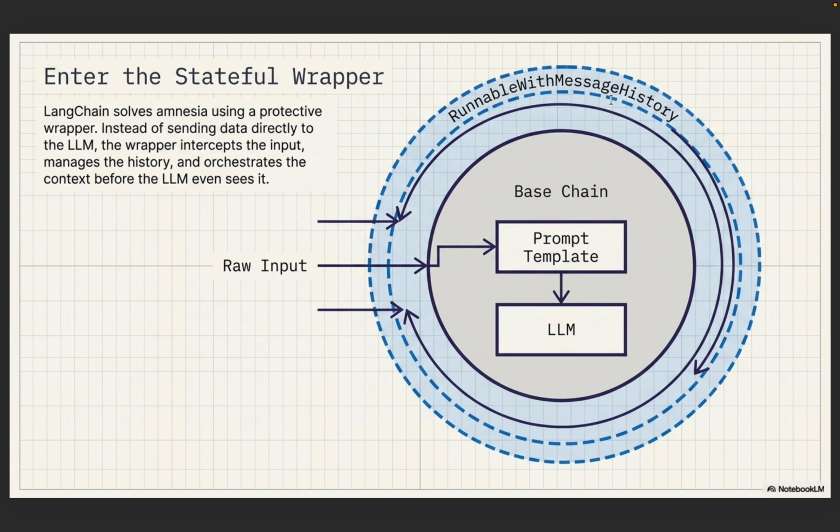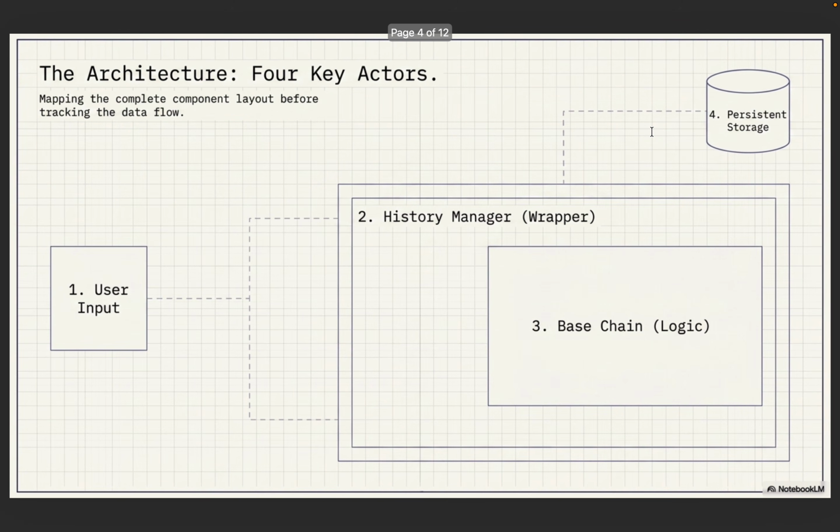So basically, we can divide this into four components here. One is the user input and history manager, then the base chain, then we have the persistent storage.